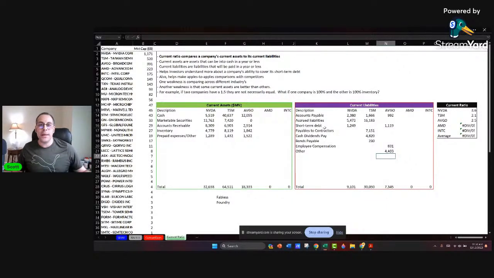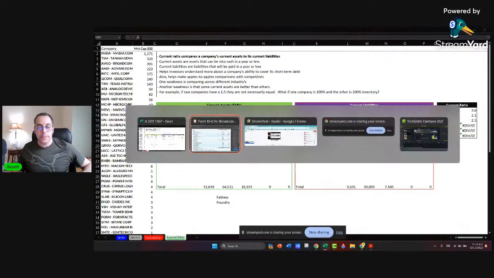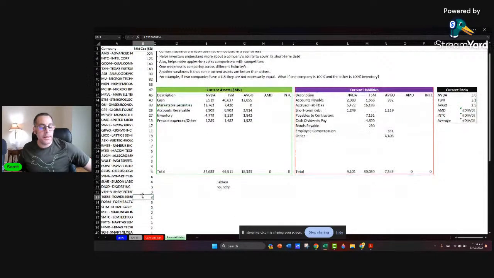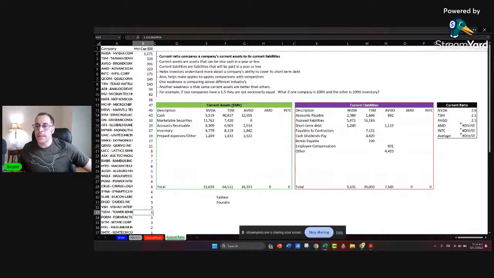Or you guess right and you lose a lot of money. So timing is a big thing. All these companies already have a current ratio above 2, and I think a current ratio above 1.5 is fine. If we get to a smaller company, we possibly might see some different scenarios.